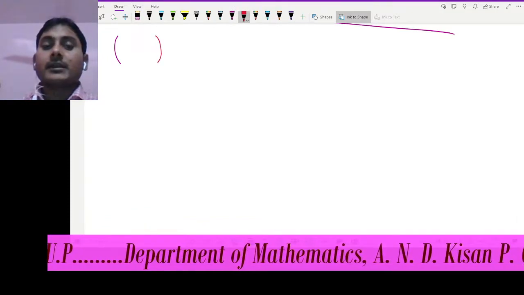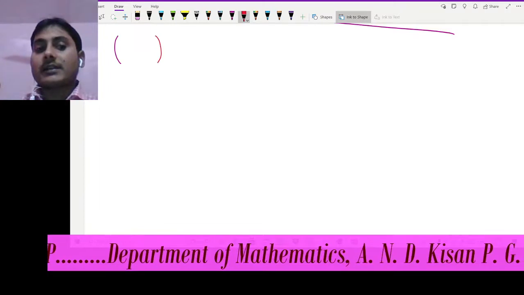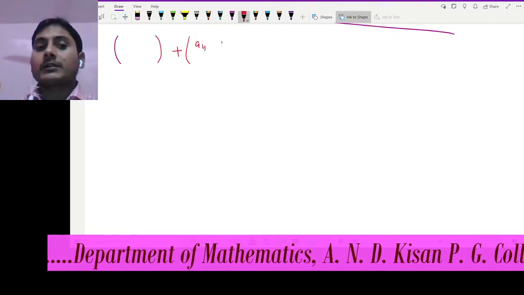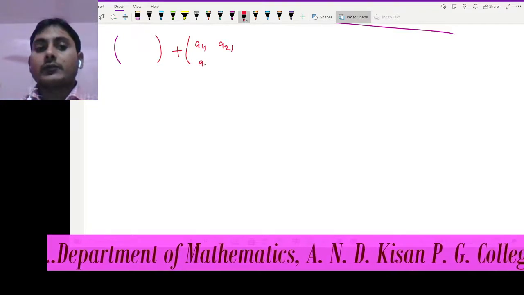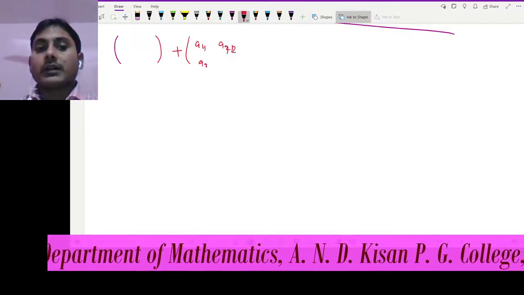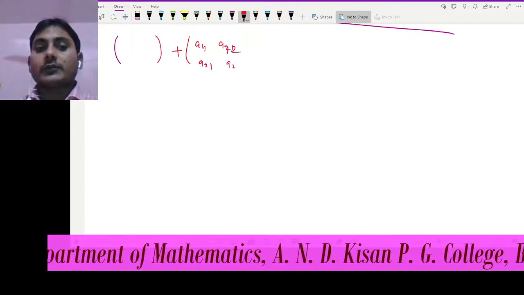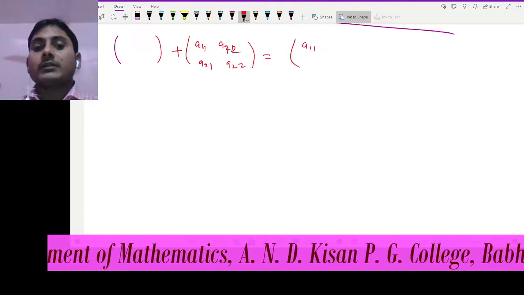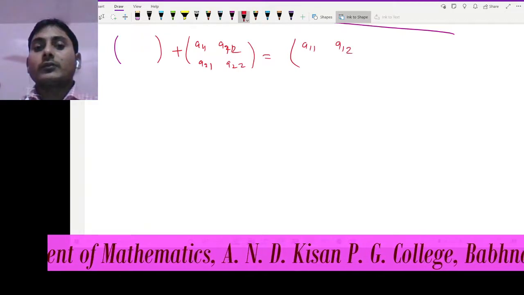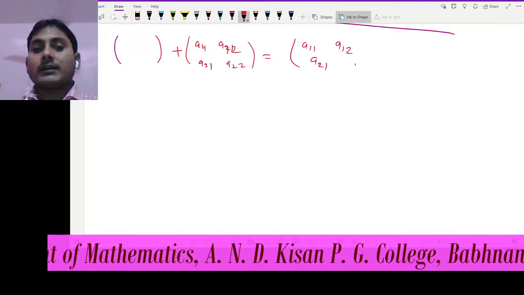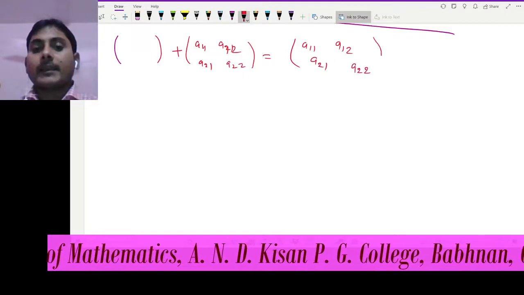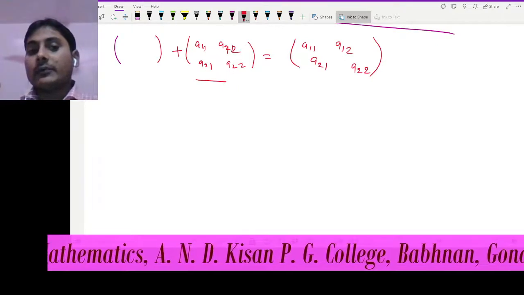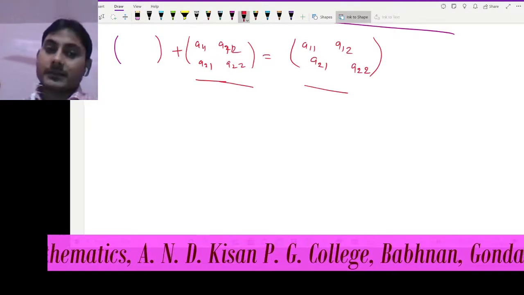Can you provide me a 2 by 2 matrix such that if you add this matrix with any matrix A11, A12, A21, A22, you will get the same matrix A11, A12, A21, A22?